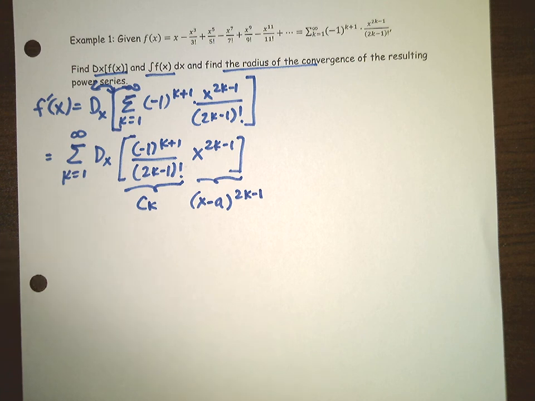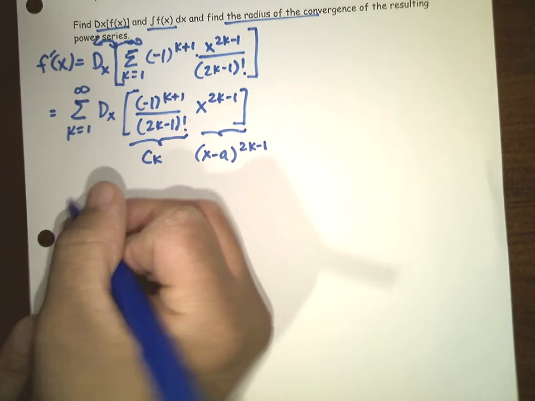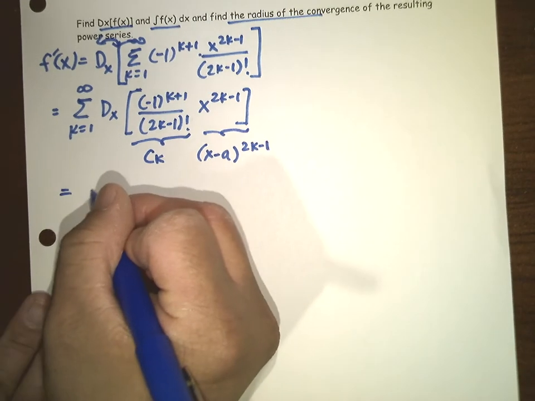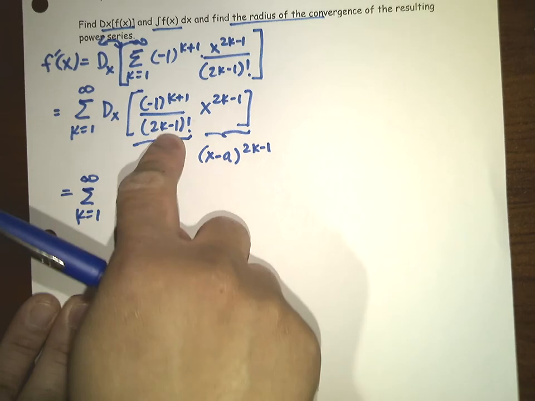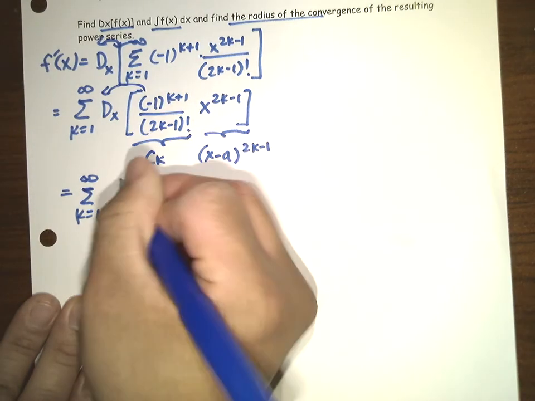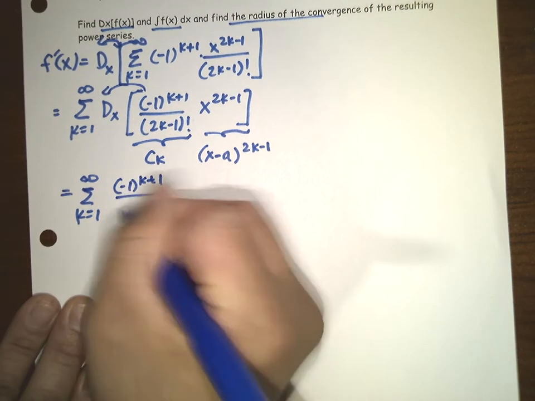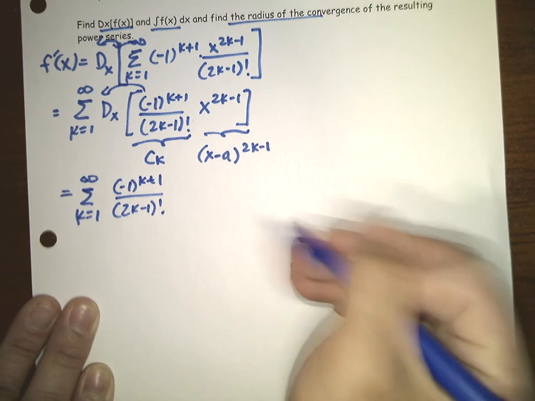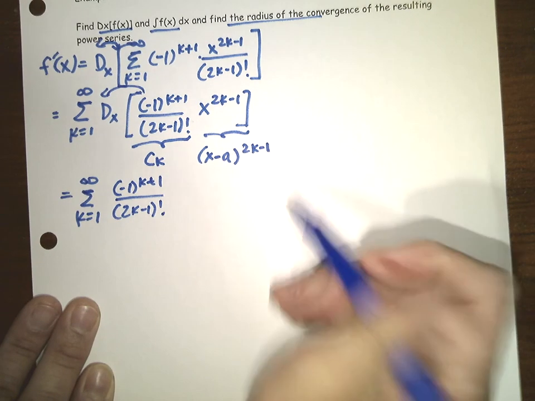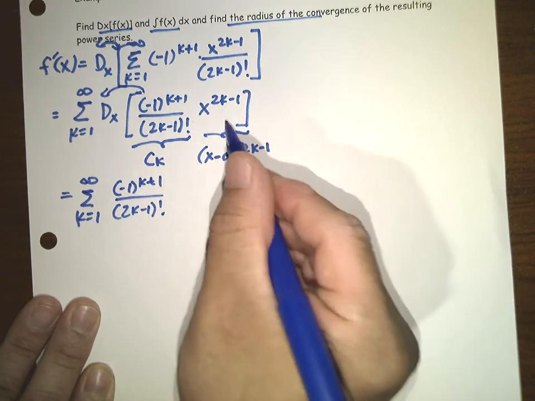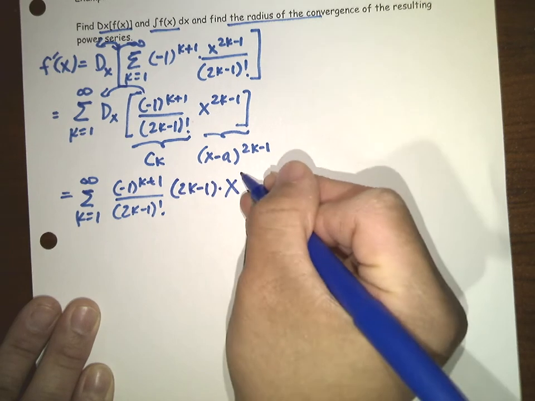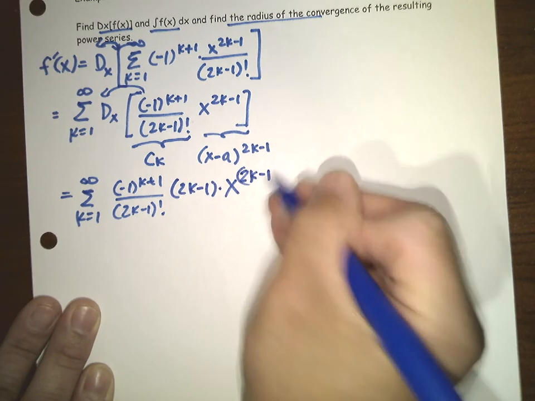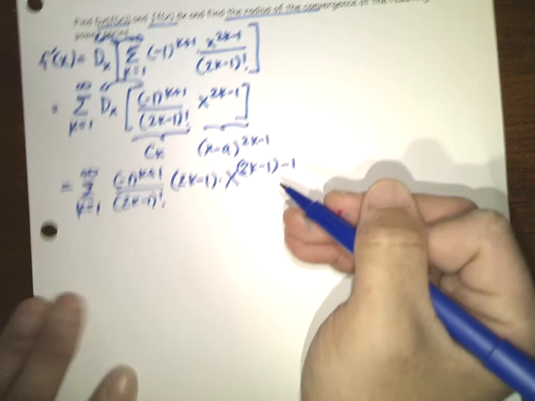All right, so now I am going to rewrite this. It's the sum k equals 1 to infinity, and then I bring out the constant, negative 1 to the k plus 1 over 2k minus 1 factorial. And then I use the power rule here, so 2k minus 1 times x to the 2k minus 2 power.